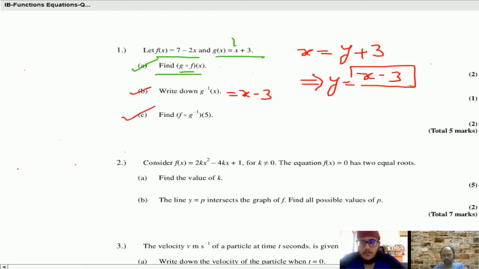What about the third part? We have to find f compose g inverse of 5. So how can we find it out?